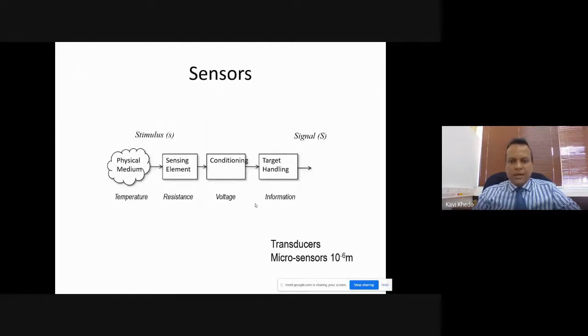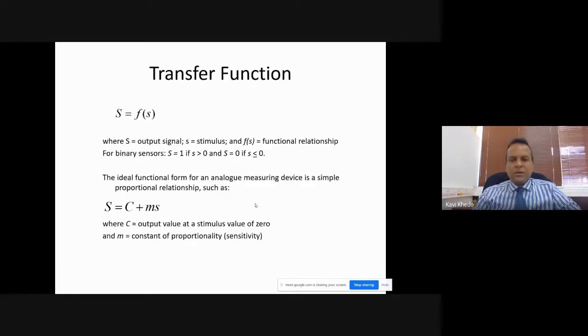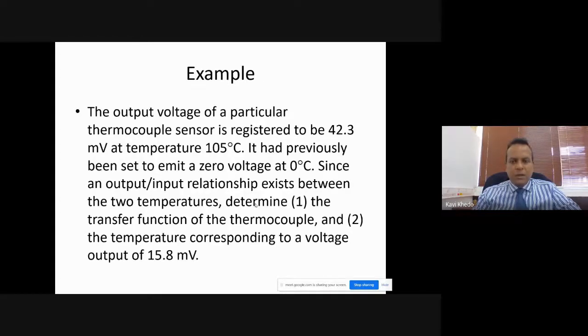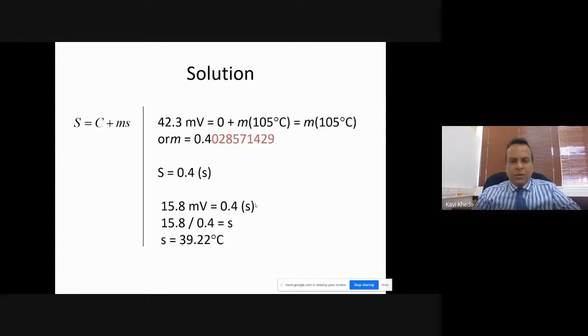A particular sensor has a sensing element that reacts to a physical medium. This was an important discussion with a number of calculations, the transfer function. How do we map a particular value to some voltage level? We have seen it with a complete example. You need to have your transfer function to be able to get a particular value.